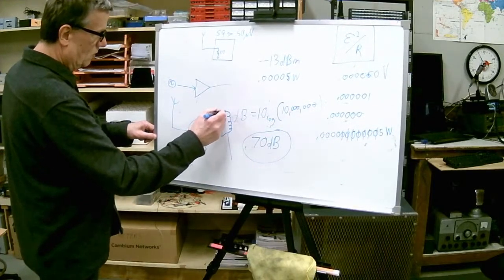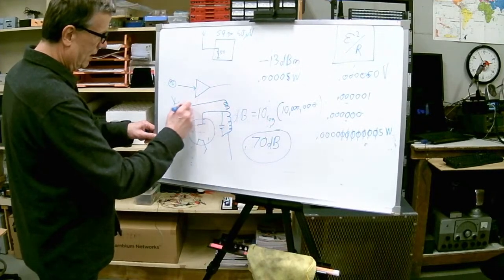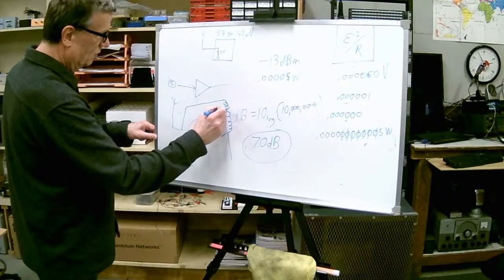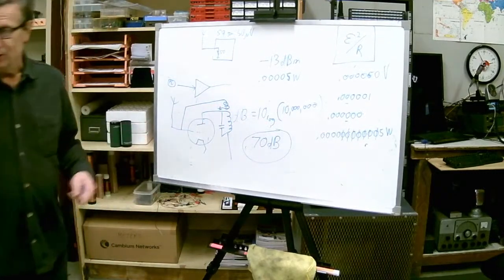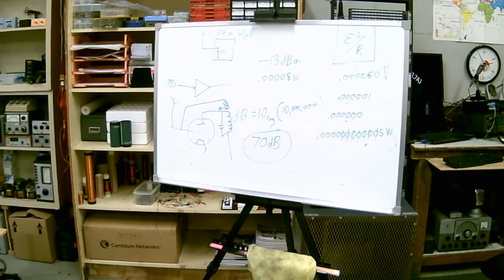You had a small sampling of this fed back into here. That's called a tickler coil. Here it is, there's a secondary coil right there.